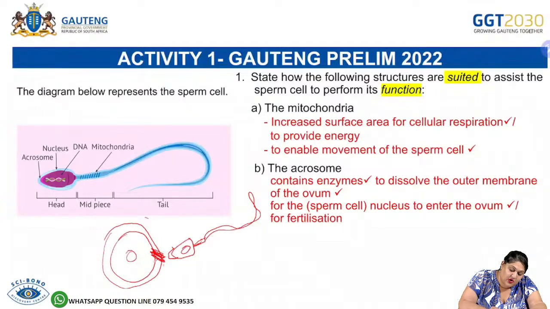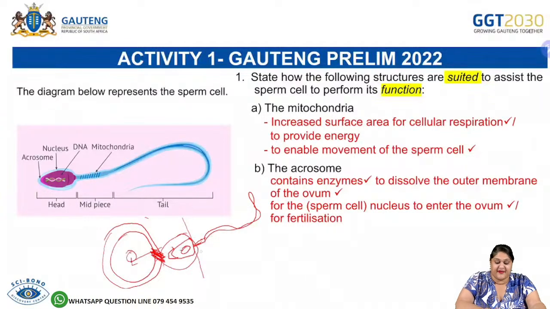It's going to cause this opening so that this can enter, and only the head is going to enter, and then these two nuclei are going to fuse. The neck and the tail region falls away. Only the head is going to penetrate. Because of those enzymes, it's going to dissolve the outer layer. The head is going to penetrate, enter, and then the two nuclei are going to fuse.